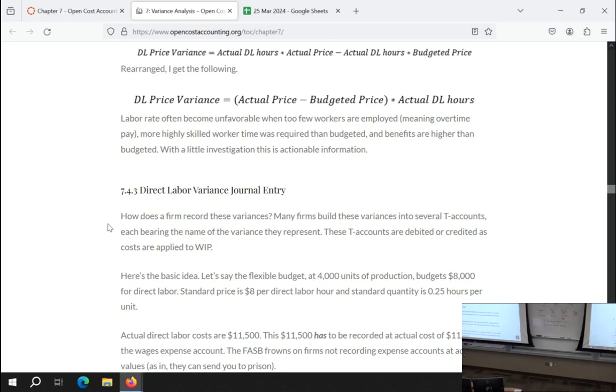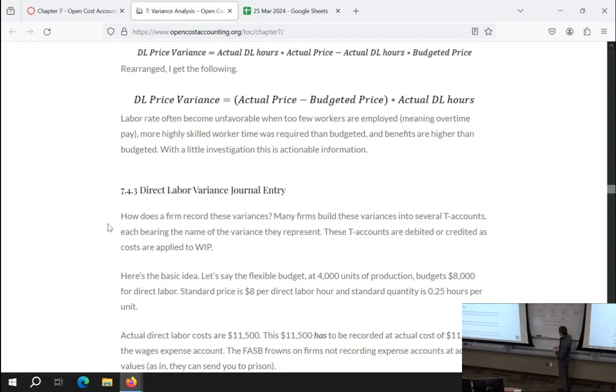So when you have a certain number of WIP, work in production, on the factory floor, if you have a standard costing system, you are valuing them in your accounting records as if they cost you the standard quantity to make, as far as they've been produced, and the standard price for each of those inputs. It doesn't matter if there's been an explosion in the factory. Maybe that's a little extreme, but the idea is it doesn't matter if you've gone up or down or what the variances are. You've carved those pieces off into separate expense accounts.